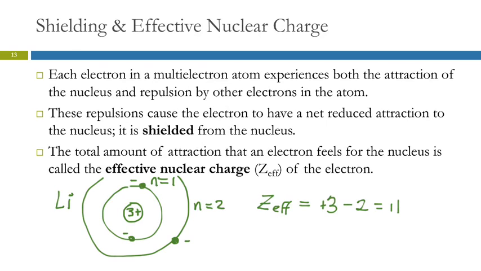And so it's going to see an effective nuclear charge of +1. These electrons have nothing shielding them from the attraction of the nucleus, and so they see a +3 charge. But this guy out here, these electrons shield it. Does that make sense?